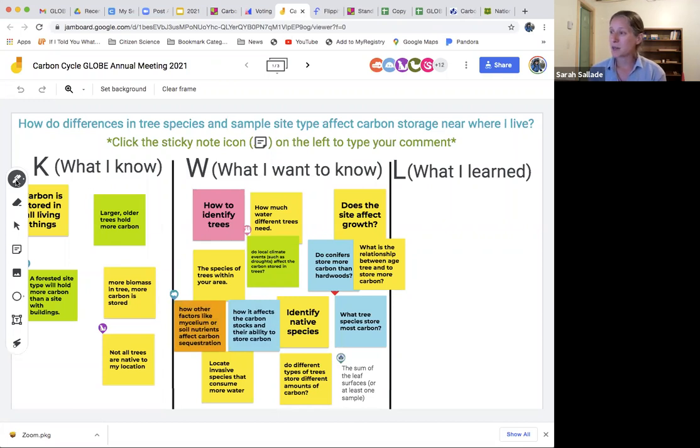Ooh, a very in-depth question about factors like mycelium and soil nutrients and their impact on carbon in trees. Do conifers store more carbon than hardwoods? Does the site specifically affect the growth? The impact of local climate events? And the relationship between age of the tree and how much carbon is stored.